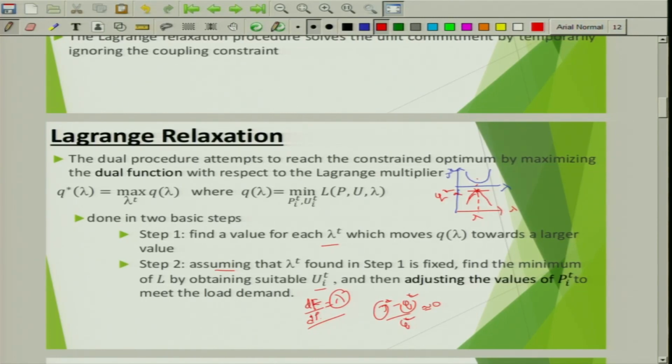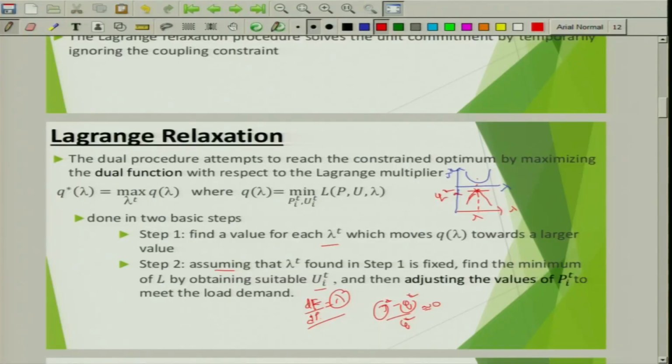You optimize the u, whether to turn it on or turn it off for the entire time interval. Then based on that you again get other values of generations, then you again optimize the generations with the economic load dispatch, and then with the updated value of economic generation you again obtain the lambda. It is an iterative process actually. I will take you through various examples to help you understand.